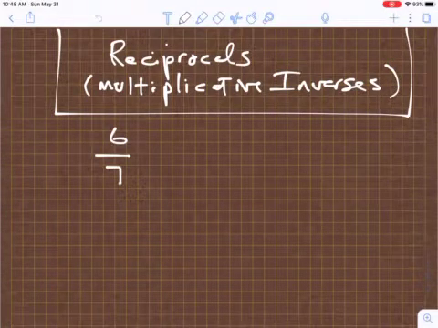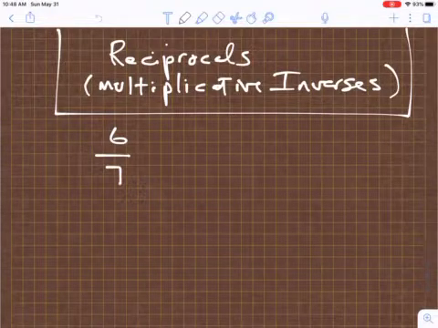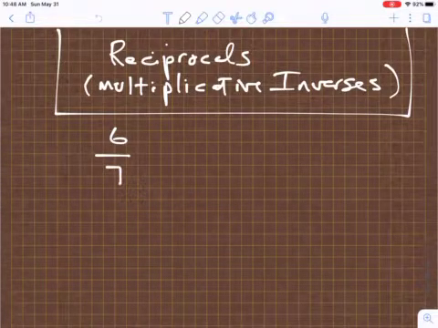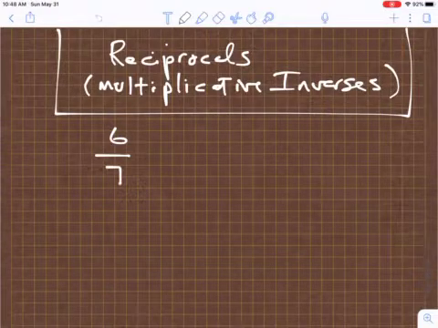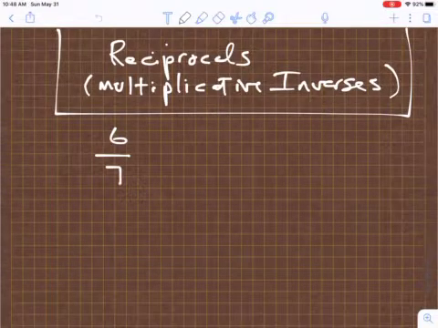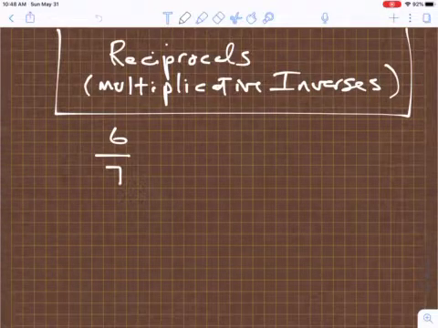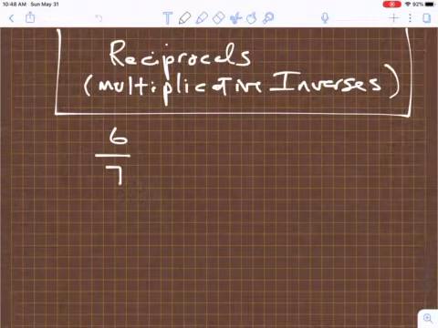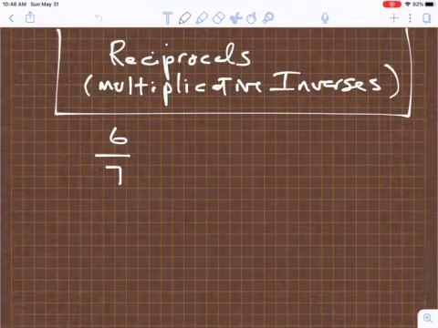Before we move on to the next thing, which would be dividing fractions, we need to talk about reciprocals. Now, reciprocals are very important in dealing with any kind of fraction operation because a reciprocal is a tool we can use to get a number to equal 1. So it's something we can multiply by a number and make it equal 1.